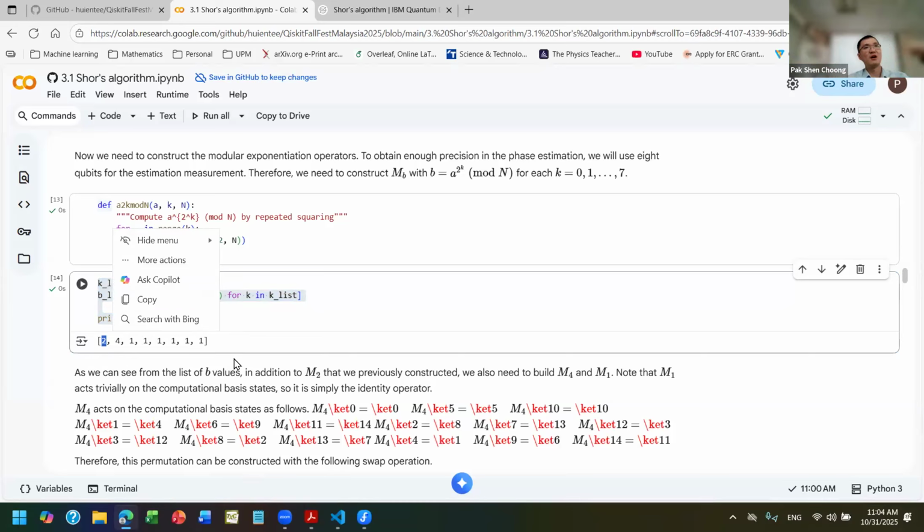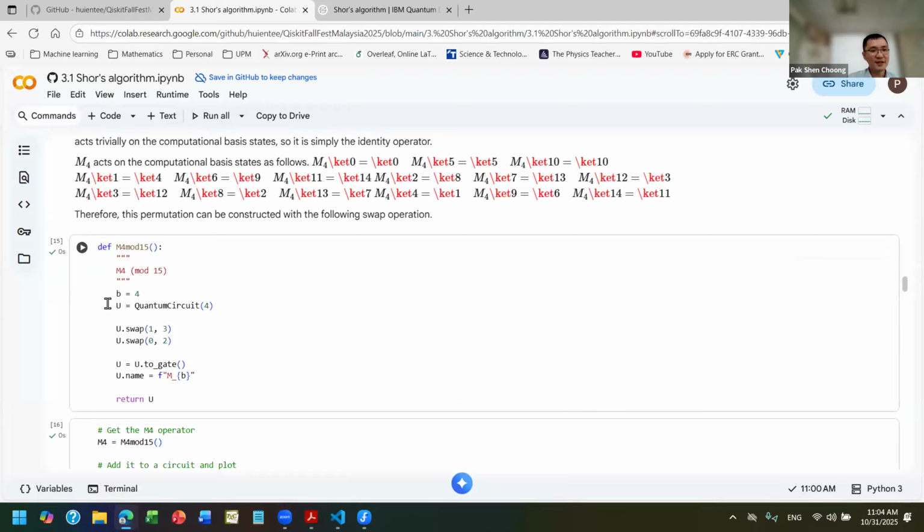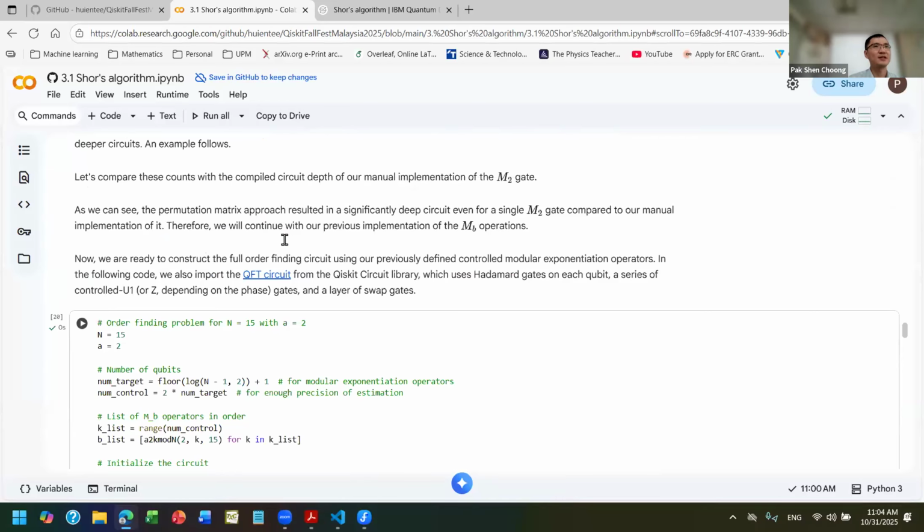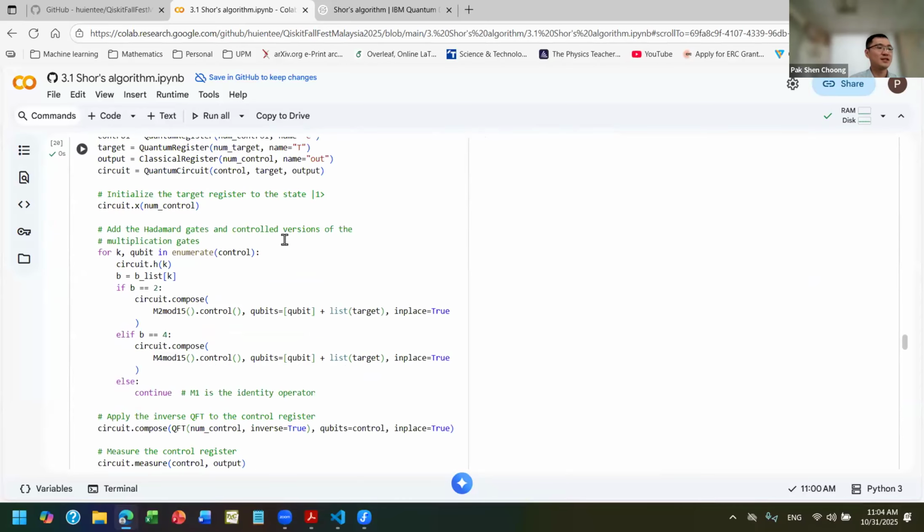If all these numbers are not equal to 1, then you have to perform everything on all the 8 qubits that you set up. So after you do all that, then you run the whole thing and see whether or not when A equals 7, you can get the results. Try 11, try 13, so you can do all that.